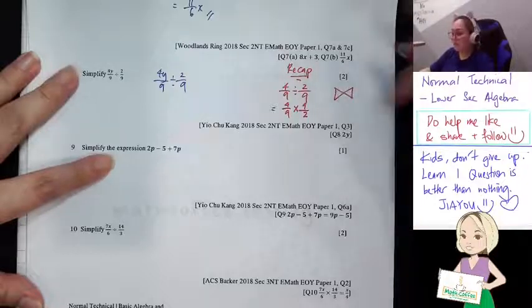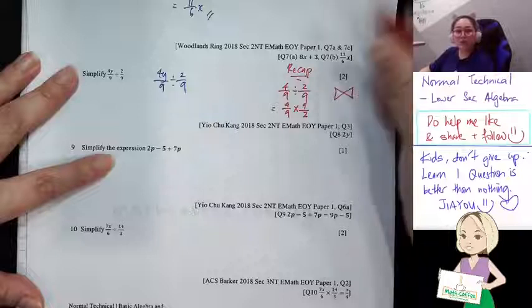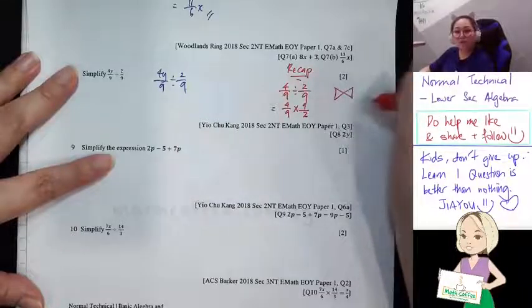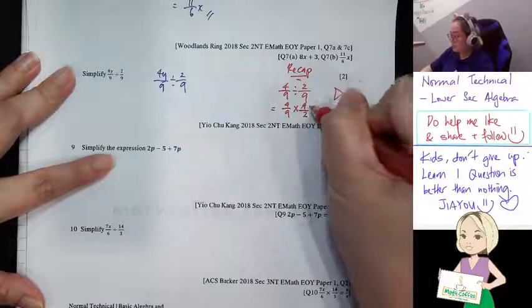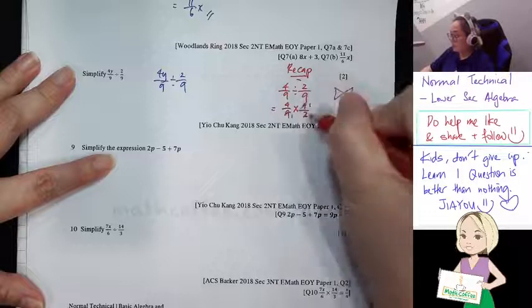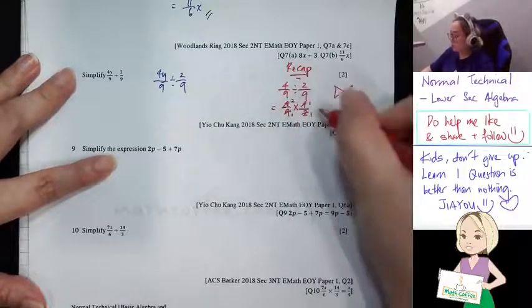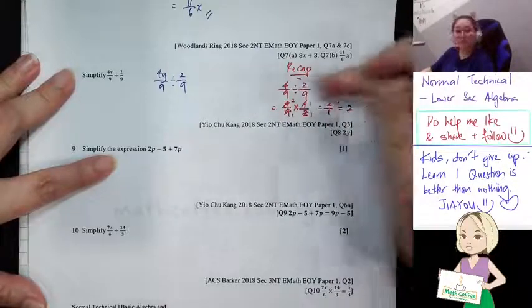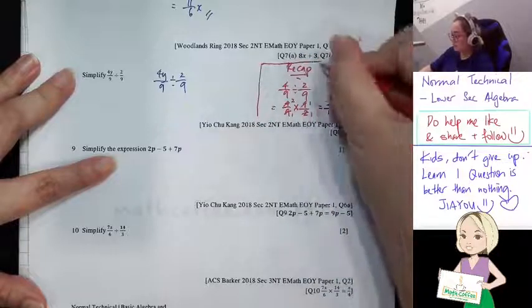You can only cancel diagonally, up and down. You cannot cancel side by side. So the 9s I can cancel, divide by 9 gives 1, divide by 9 gives 1. 4 and 2 I can simplify, divide by 2 gives 1, divide by 2 gives 2. So in the end I get 2 over 1, which is just 2. This is normal fraction manipulation. These are taught in primary school.